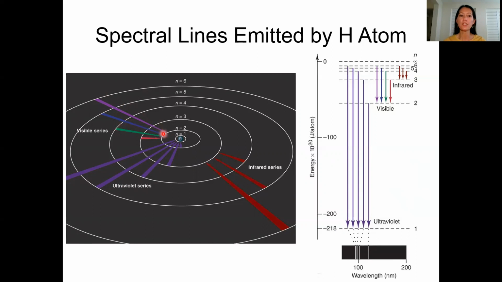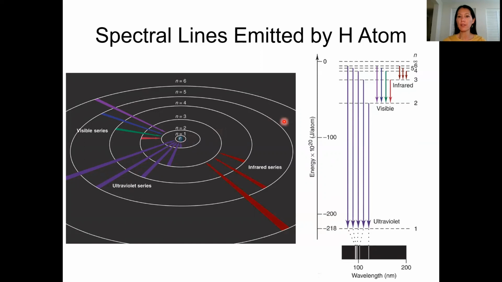And then 4 to 2 is green, 3 to 2 is red. What about going back to 1? That actually releases a ton of energy. And so going from, say, n equals 5 to 1, that's such a high energy, we don't see that as color with our eyes. That's only seen by UV. It's in the UV series.